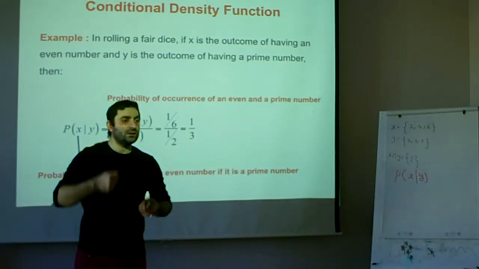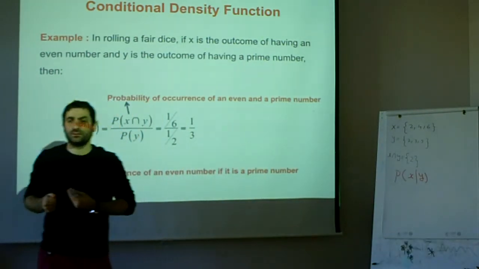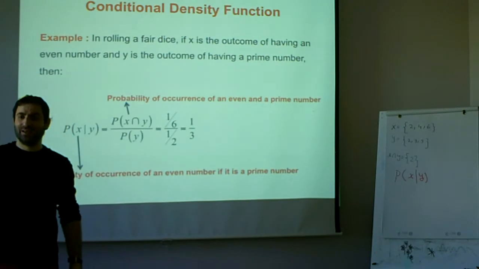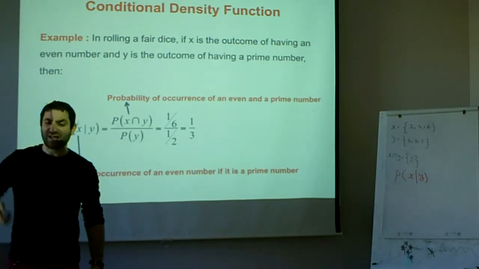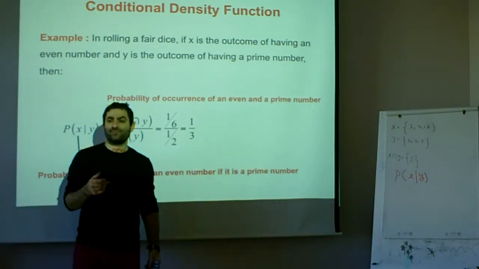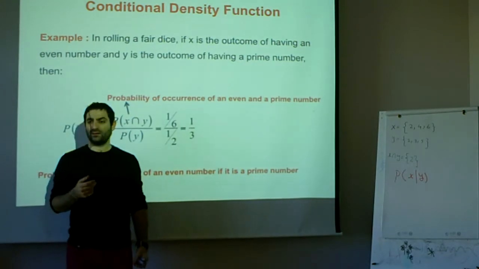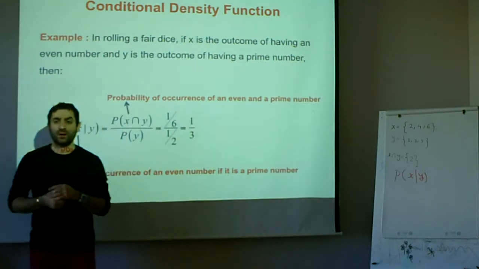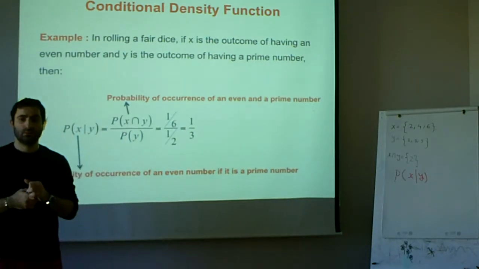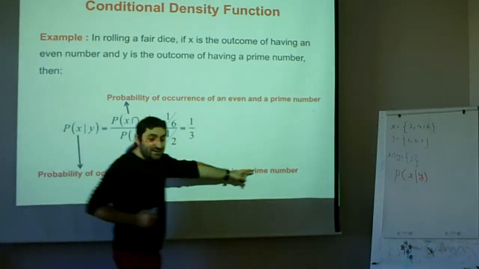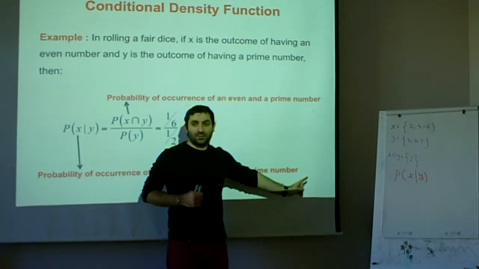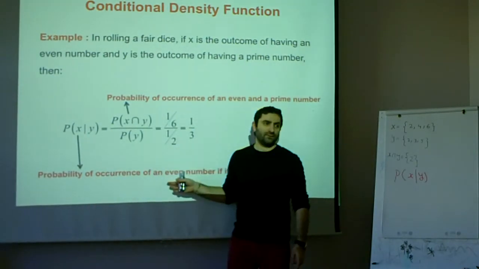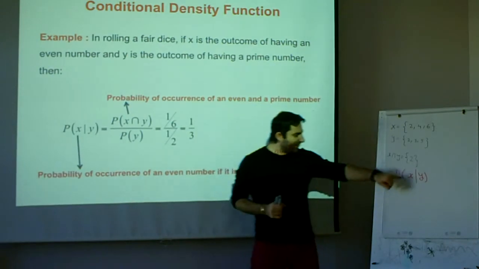Even number or prime number? Which one is an obligation? It must happen. And which one is the probability that we want to calculate? Which one has happened? Prime number. If it is a prime number, it's an obligation. Find the probability of an even number. So it's the probability of x given y.